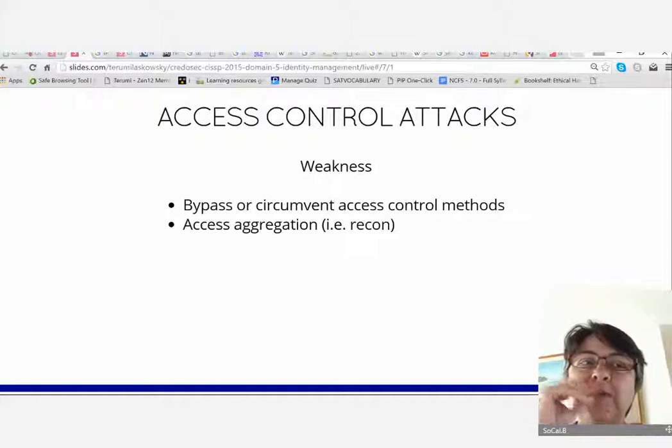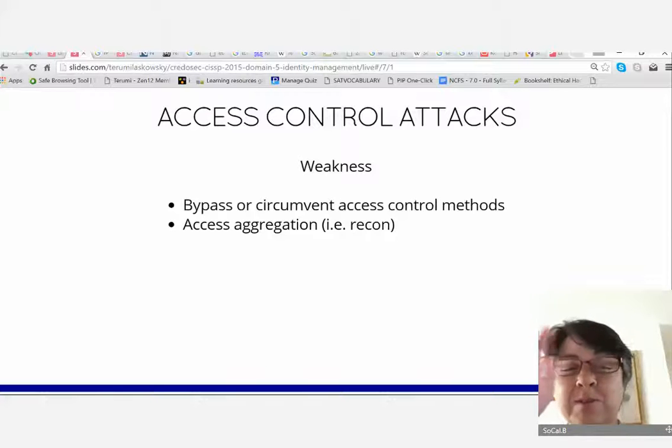One example of the race condition was that you have two processes, one doing the authentication, the other doing authorization. What if you could bring the authorization first before you could do the authentication? That was a race condition example. In that case, you're bypassing the access control. So, bypassing or circumventing access control, and access aggregation.